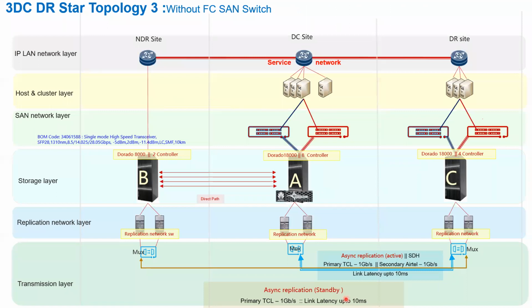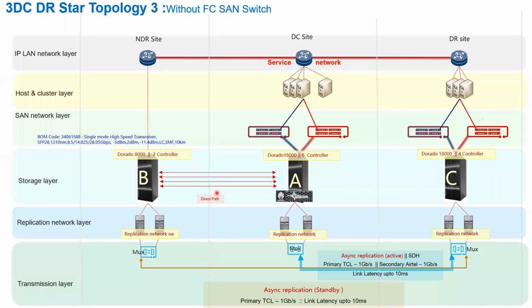Okay, so this is a third situation, which has no active component between the two sites. If your sites are near sites in the same campus, what you can do is connect controller A to controller A with one link, controller B to controller B. Like if we have 4 controllers here, all 4 controllers have one link.